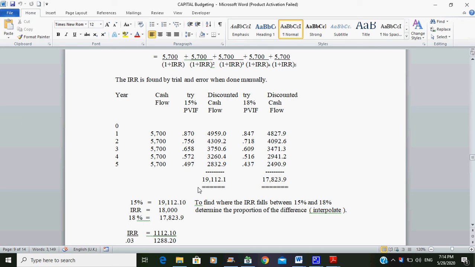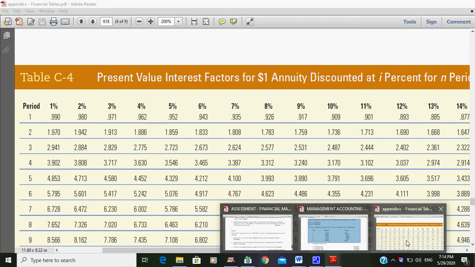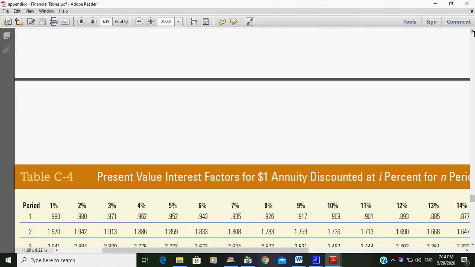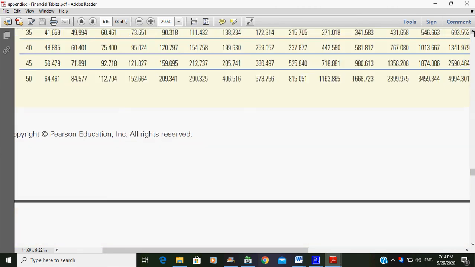So what you do here, you find 15% on your present value table, not the annuity one, and you get 0.870. I'm going to do the first one for you. You don't use the one with annuity, use the regular present value interest factor table, not the one with annuity. Please note that.